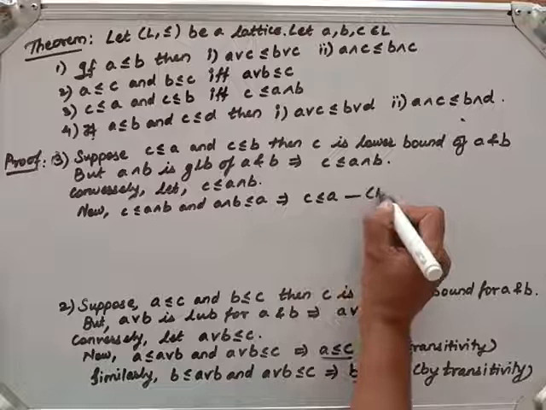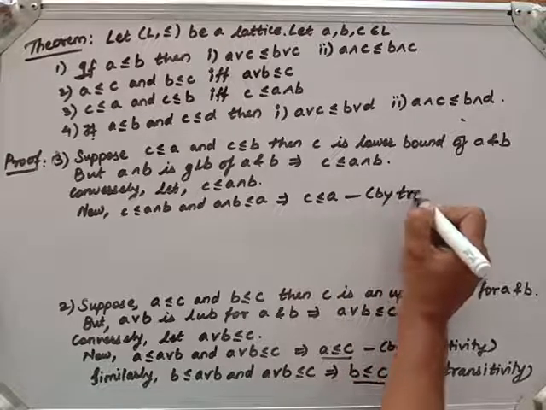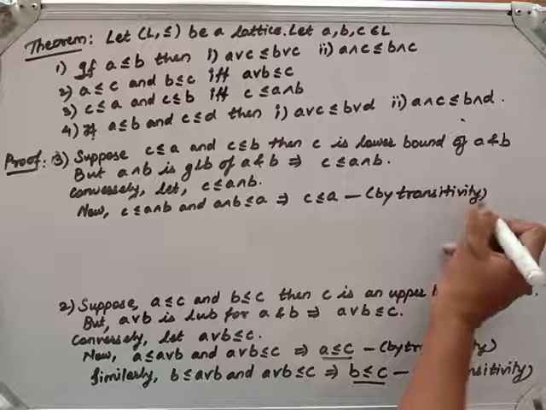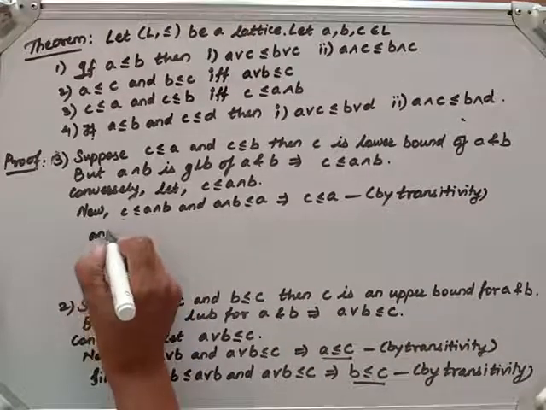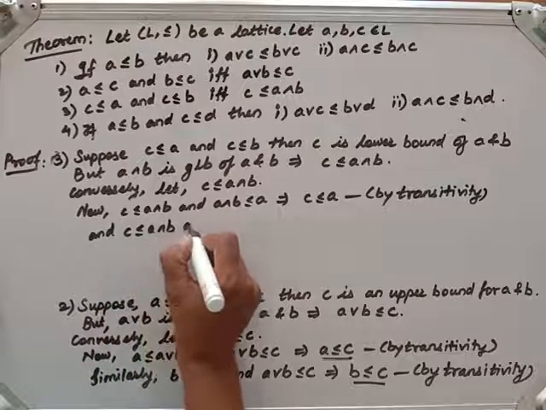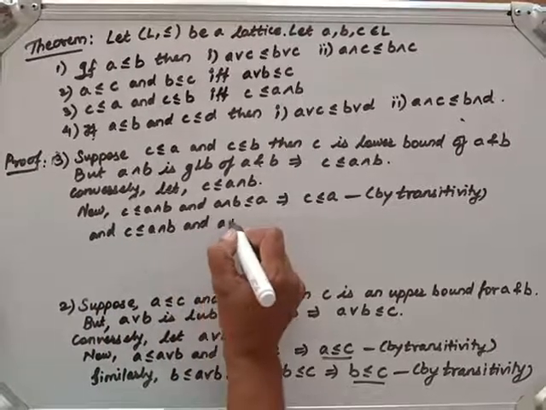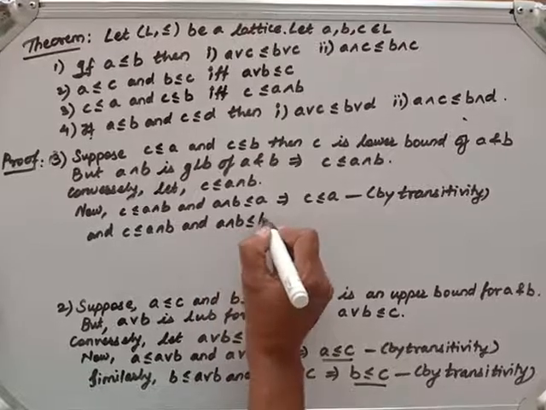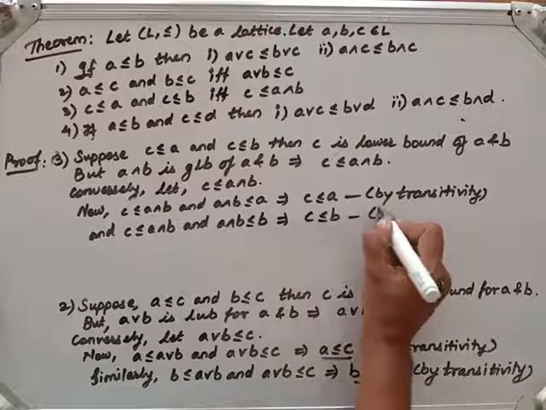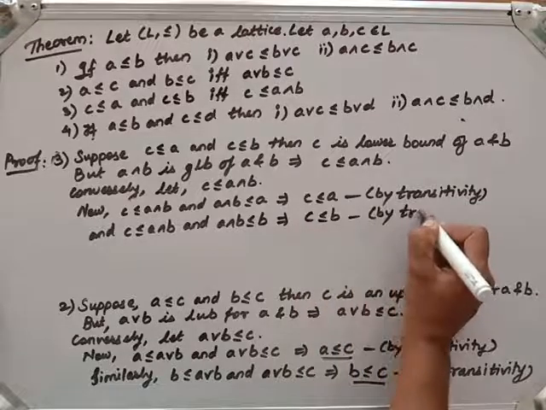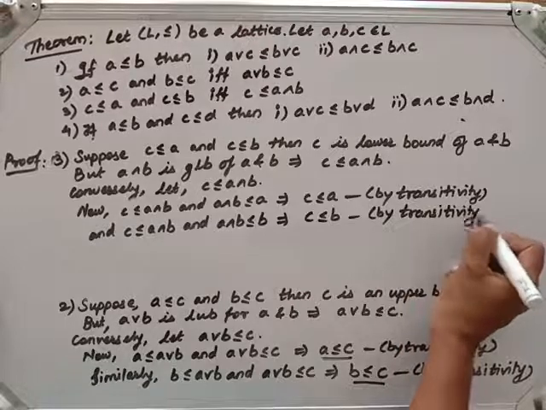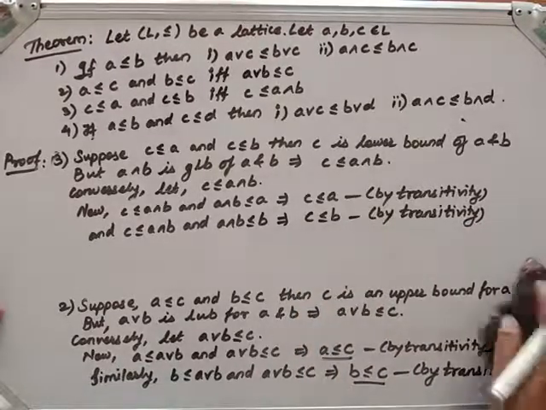A. Again by transitivity. And C is related to A meet B and A meet B is also related to whom? B. So this implies C is related to B. This is also by transitivity. So this is the proof of the third one.